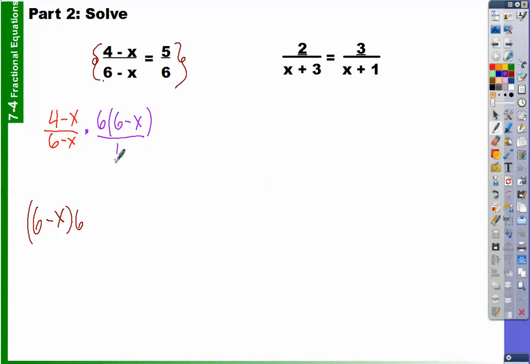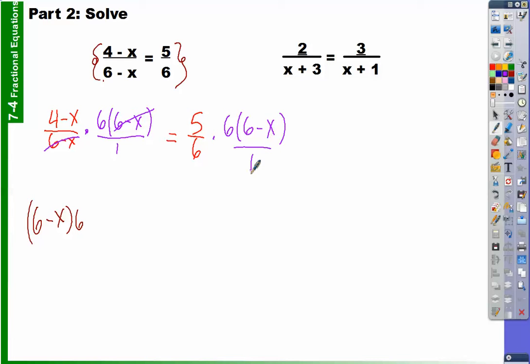Now obviously you're going to tell me 6 minus x divided by 6 minus x is 1. So these will end up canceling out. We are going to still have our equal sign, and we're going to have our 5/6, and we're going to multiply the 5/6 by our common denominator, which is 6 times 6 minus x.